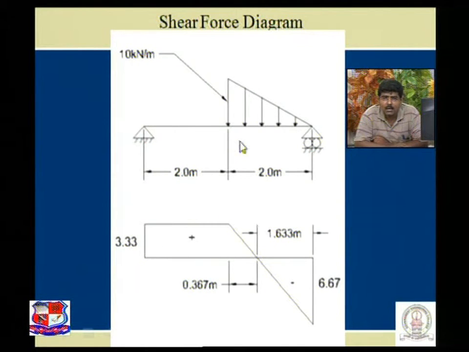It is very important to visualize that between this point and this point there is no load. So the variation of shear force is given by a horizontal straight line, 3.33 horizontal straight line up to the center point of the beam, up to the point at which the UVL starts.